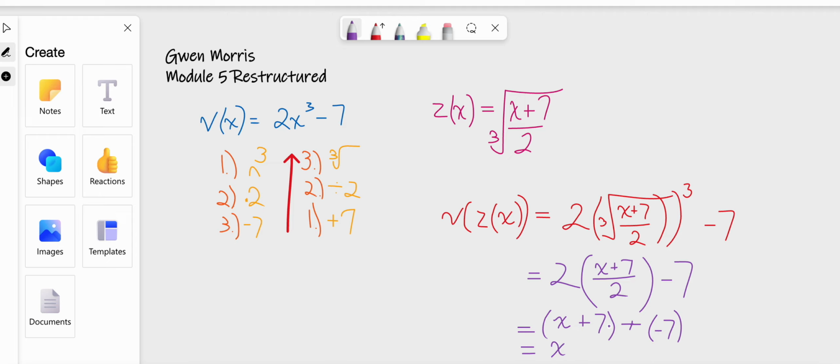That makes a 0 pair, the plus 7 and the negative 7. So I'm just going to have x as my result here. Therefore, I'm showing that these two functions are inverses, and I'm trying to really use the inverse property, identity properties, and 1 and 0 pairs that we've addressed in prior modules. All right.